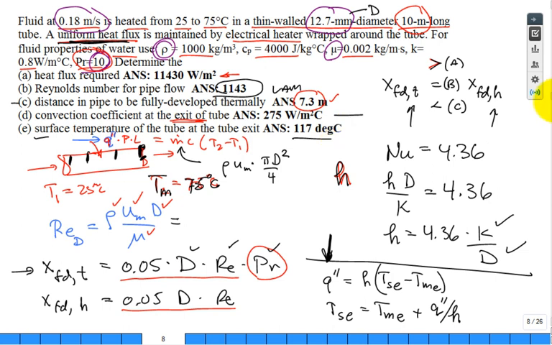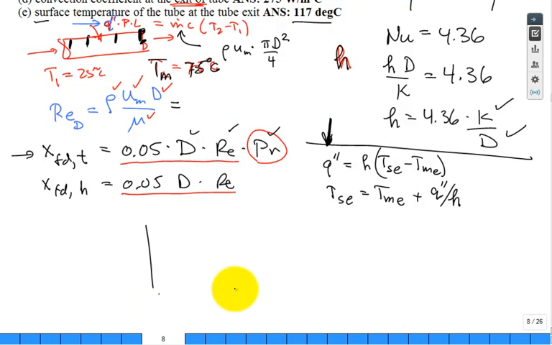Somebody asked, can you sketch the temperature profiles as a function of x going from 0 to the exit L? And we said that the fluid came in at 25 and it went out at 75, right?